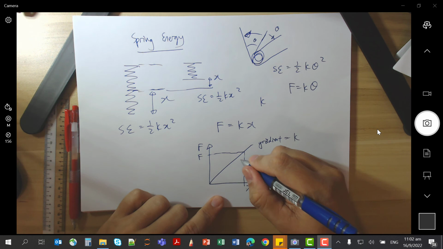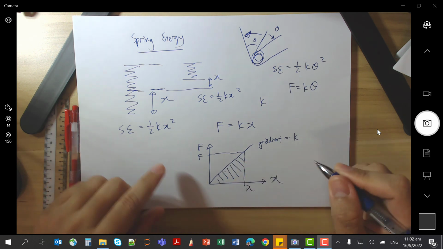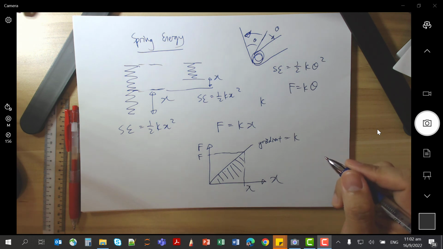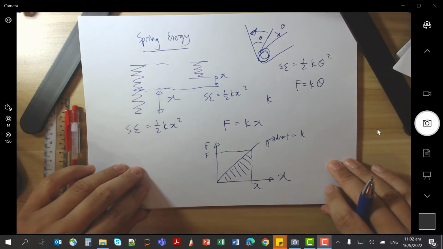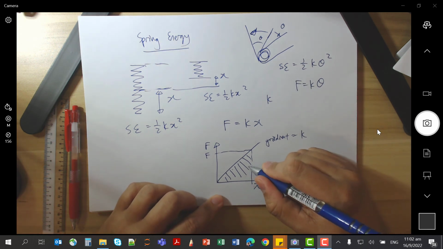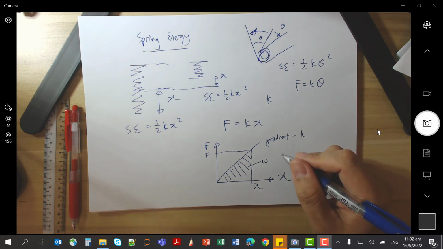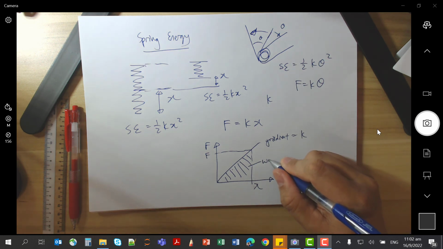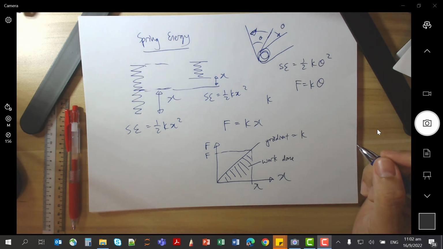In fact, the energy is the area underneath this force extension curve. So just to let you know, this is your energy, and this is also your work done in order to stretch. Spring energy.